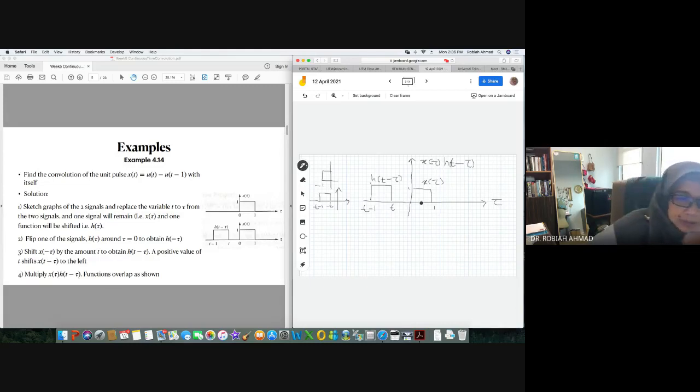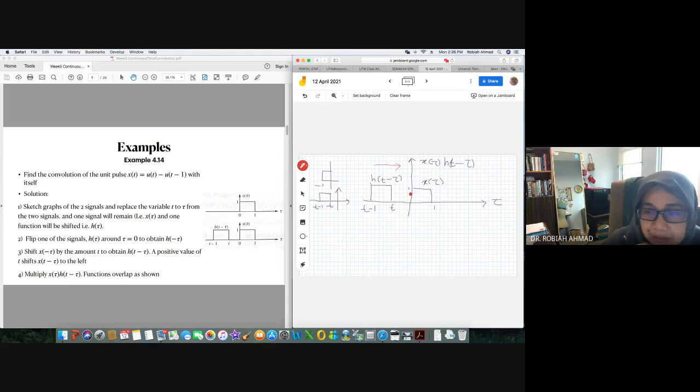Okay. And then next we're going to do the multiplication and the functions will overlap. Jadi dia akan banyak stage lah. Bila kita gerakkan dia, when we move this h(t minus tau) to meet this x(tau) signal, we have to move it to the right. Okay, there are some different cases lah.